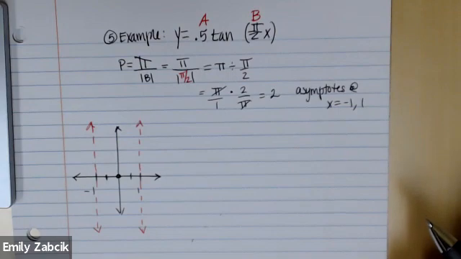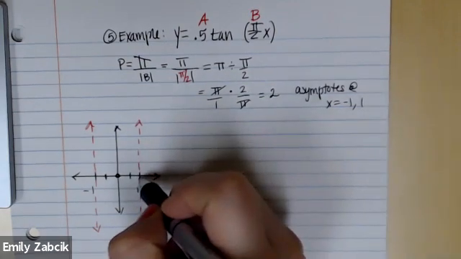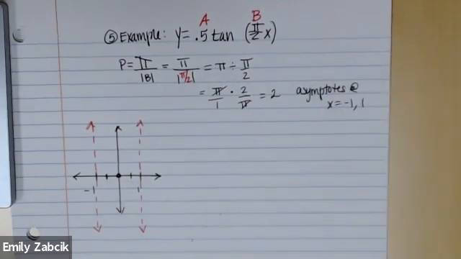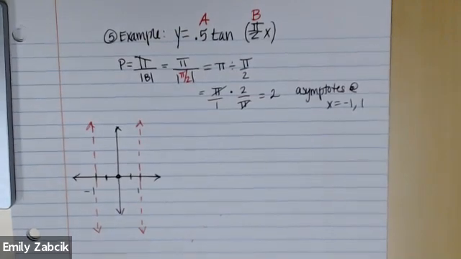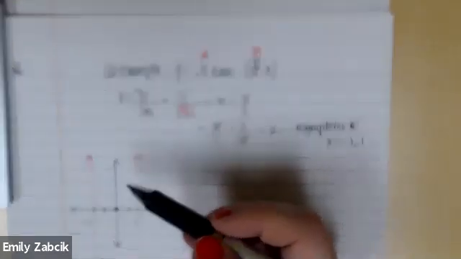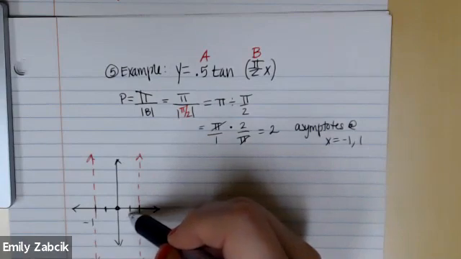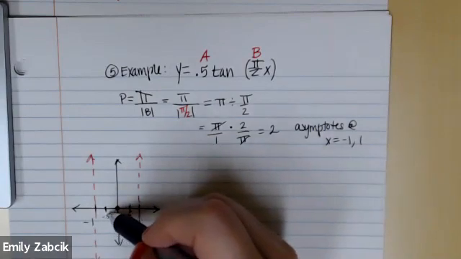In the original function we looked at, we went all the way over to pi over 2. So let's start here with pi over 4, which was at 1. Let's look at 0.5 and see what's happening at that point.